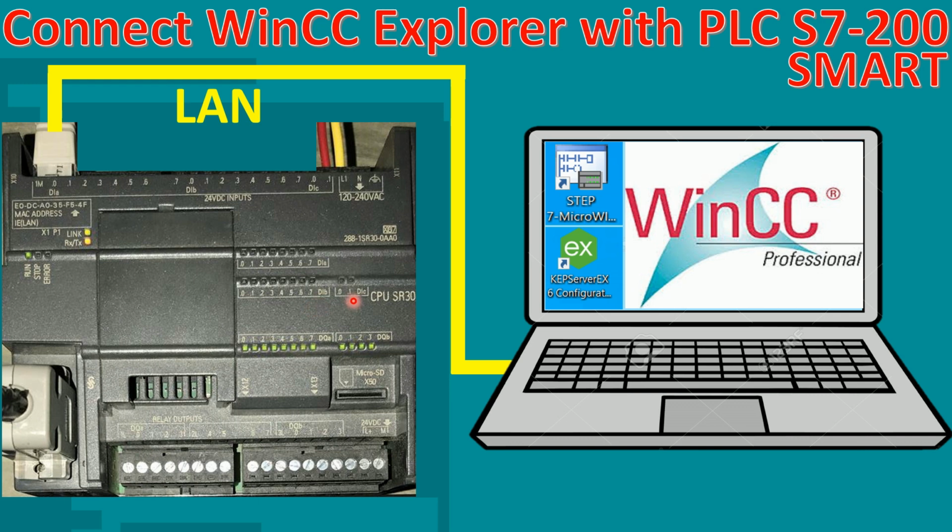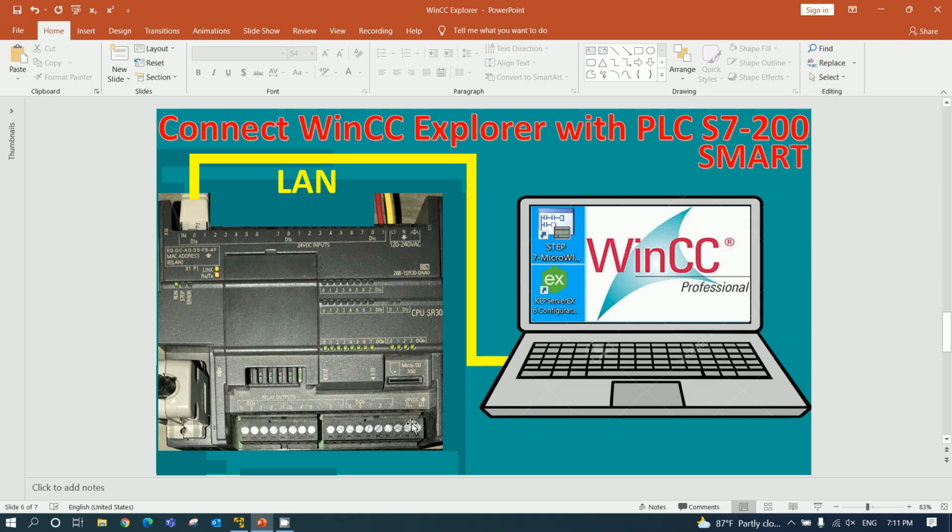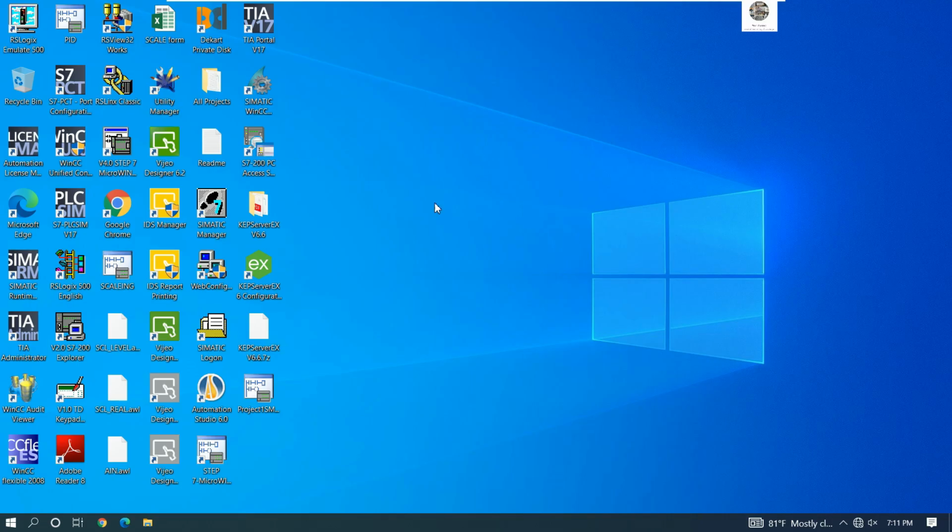So let's go to our software to create the sample project and then link and control the PLC. Okay, here is my software. Right now we will use SIMATIC Step 7 MicroWin Smart, WinCC Explorer, KepServer, and one more, S7 PCSS Smart.